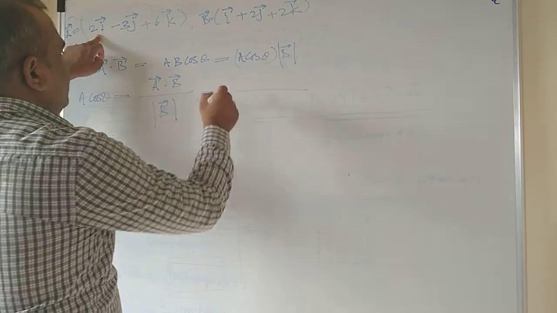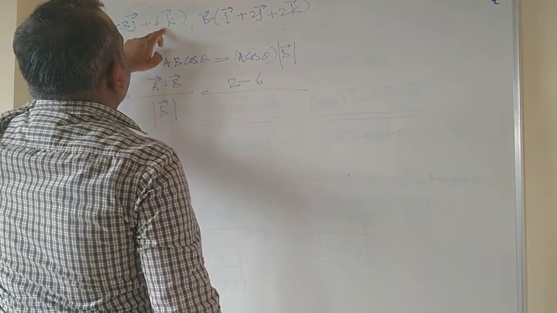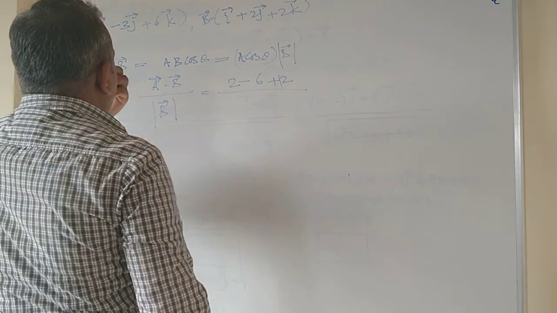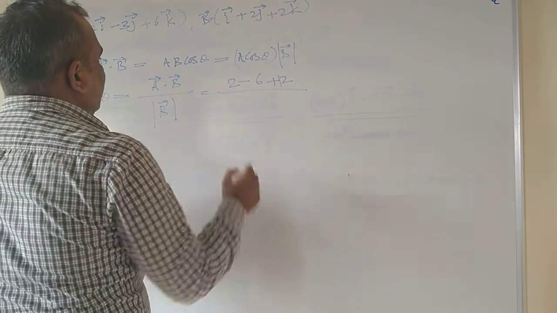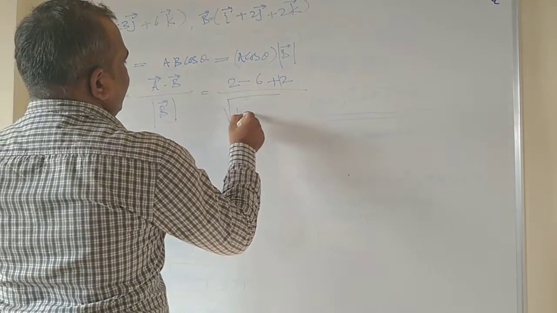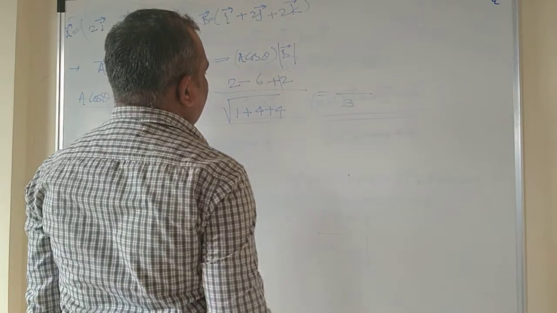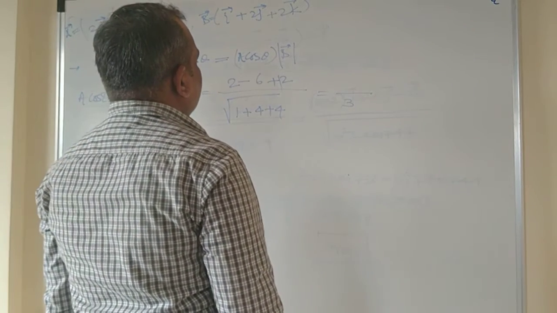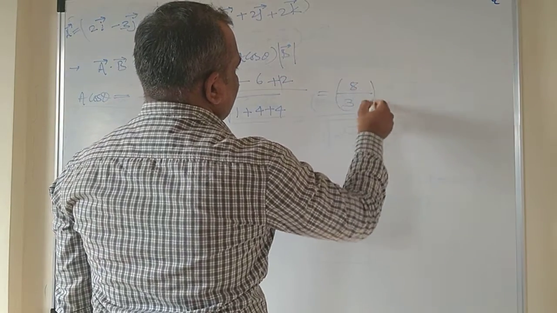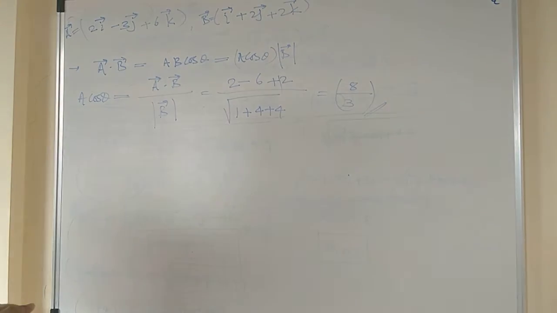So 2 into 1 is 2, minus 6, plus 12, divided by the magnitude of b bar, which is the square root of 1 + 4 + 4, that means 9, and the square root of 9 is 3. The numerator is 2 - 6 is -4, plus 12 is 8. So 8 by 3 is the projection of a bar on b bar.